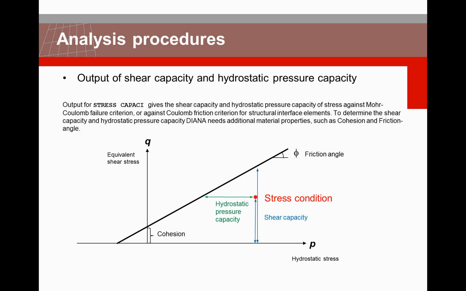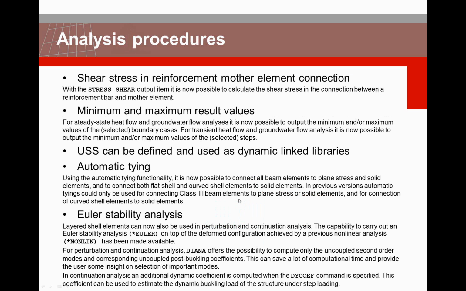So if this is smaller than 1, we still have some capacity in the interface, but alternatively we can also use the hydrostatic pressure capacity. When this is equal to 0, the stress is on the yield surface, and when there is some stress pressure value remaining, we have some remaining stress capacity.